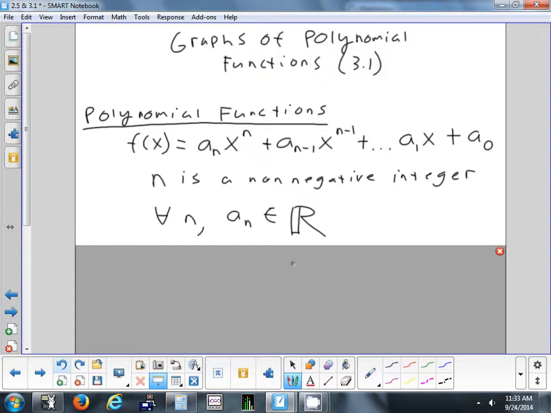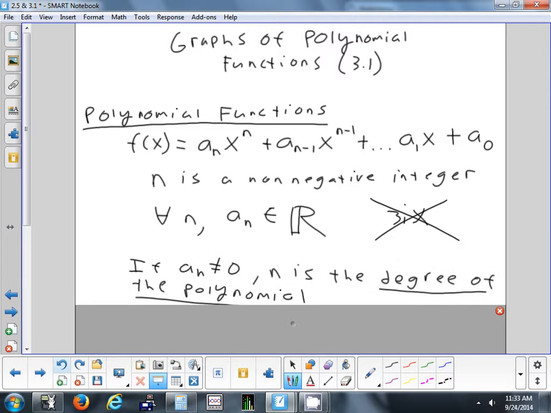Just so I don't have to write that out. So for every value of n, the coefficient, the thing in front of x, is always a real number. So what I'm saying is you can't have an imaginary number in a polynomial. That's not a polynomial. Coefficients have to be real.